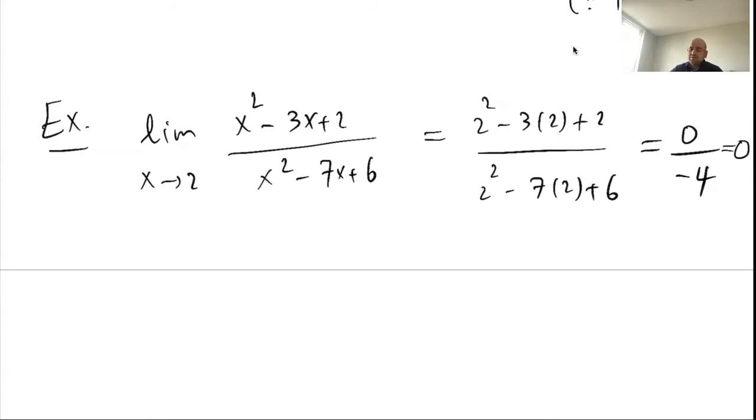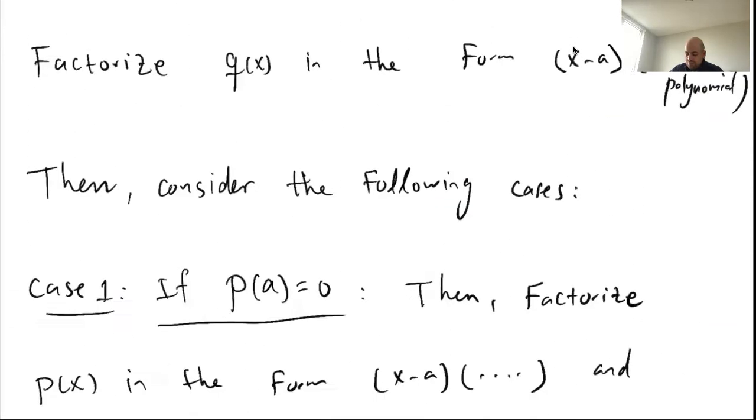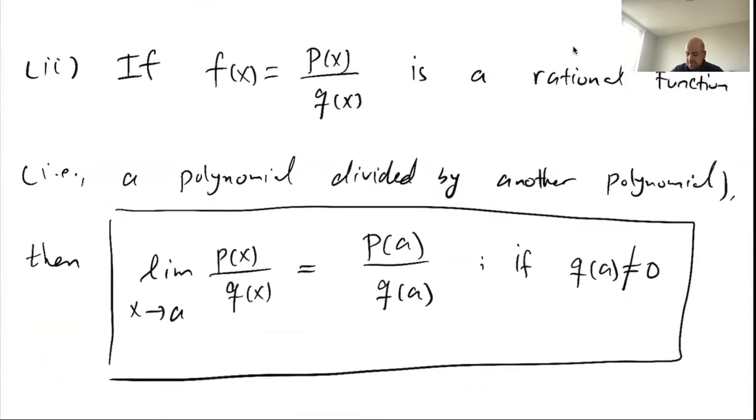The numerator is 0 this time, but the denominator is non-zero. So that means we don't have to factorize or anything, because in the second rule, we mentioned rational functions. We said that as long as the denominator is non-zero, just feel free to replace x with a.